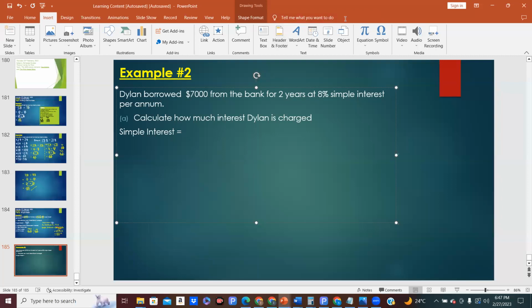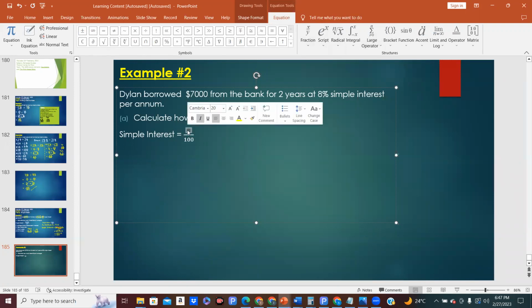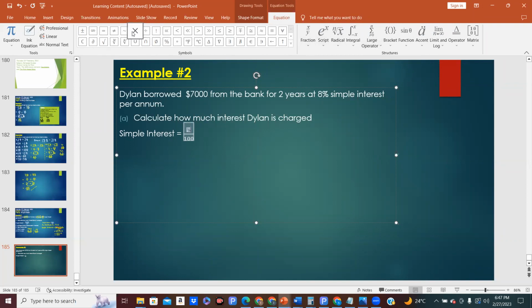P times R times T over 100. Very good. So divided by 100, and it's going to be P times R times T. So capital P multiplied by R multiplied by T.